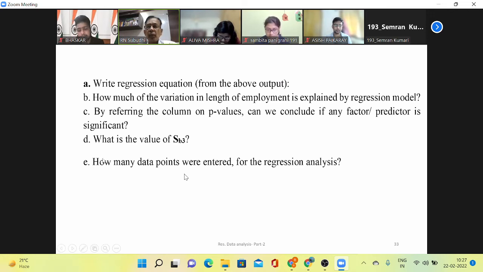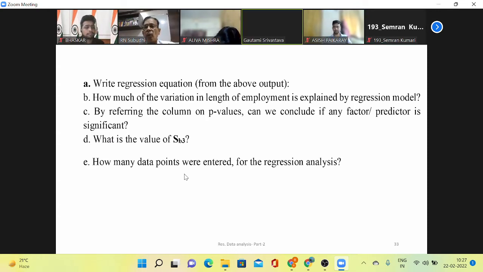Gautami, quick, you have got 1 minute. Summarize these 5-bit questions. What is the question? What you have to do? Sir, write the regression equation. Next, how much variation in the length of employment is explained by the regression model?